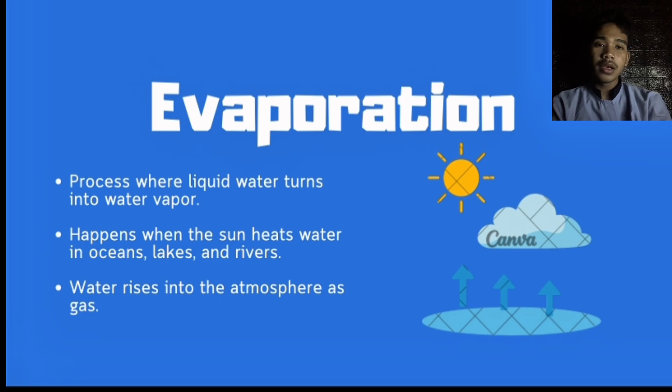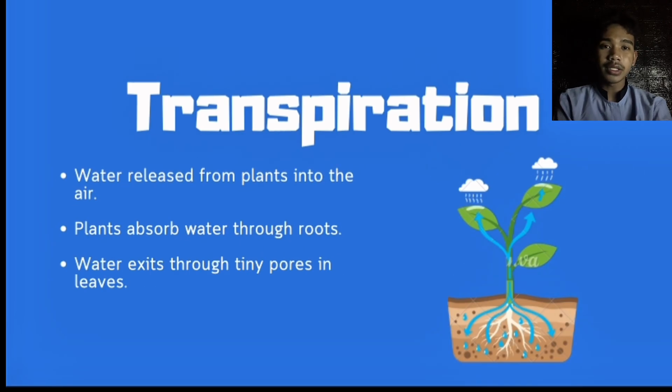However, evaporation is not the only way water enters the atmosphere. Plants also play an important role through a process called transpiration. Transpiration is the process where plants release water vapor into the air.